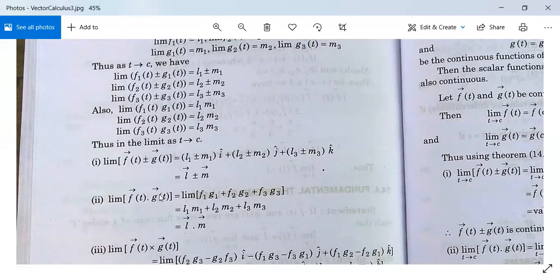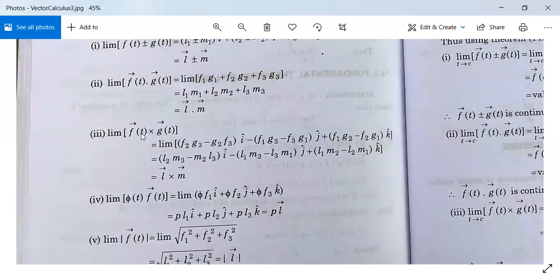And limit vector f(t) dot product vector g(t) is equal to limit f1g1 plus f2g2 plus f3g3. This is L1M1 plus L2M2 plus L3M3, and it can be written as vector L dot vector M. And limit vector f(t) vector product vector g(t) is equal to limit (f2g3 minus g2f3)i minus (f1g3 minus f3g1)j plus (f1g2 minus f2g1)k, because if you take the vector product of this one, you will get this expression.